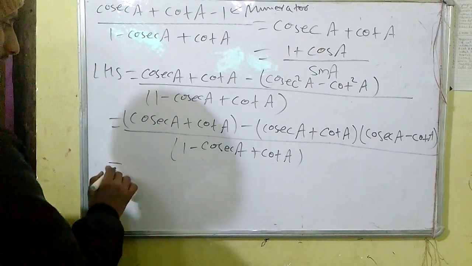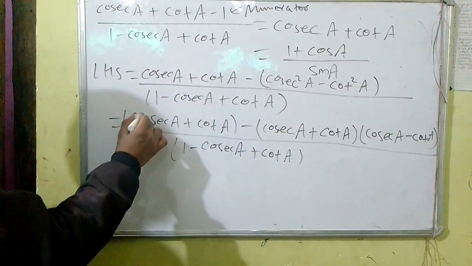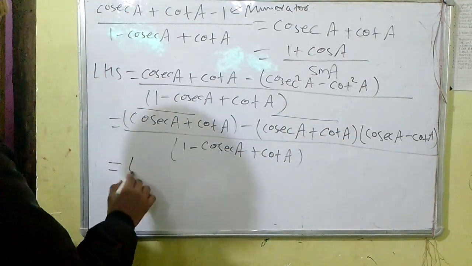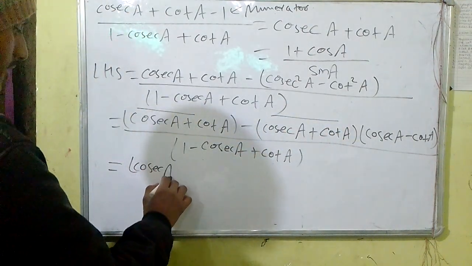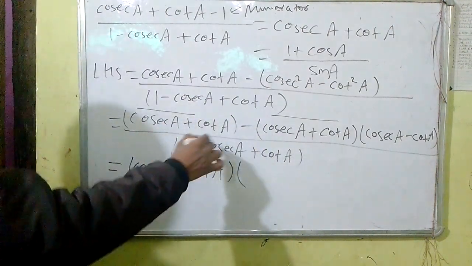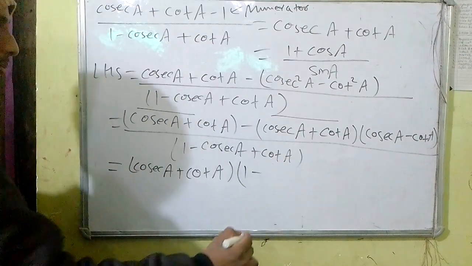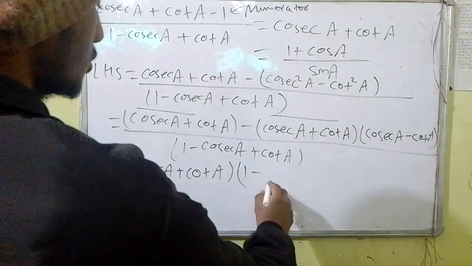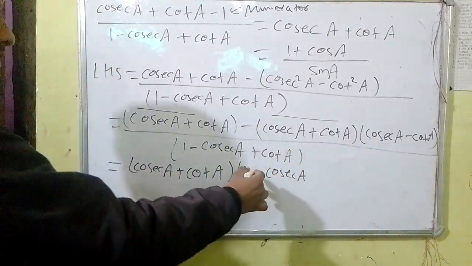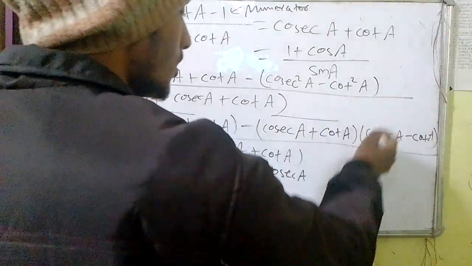So what can you have common here? So you can see that cosecant A plus cotangent A, these two things are common, so you can take them outside as the common thing, and inside will be left with 1 minus cosecant A, and you might realize now that you have to distribute the minus sign as well into this.